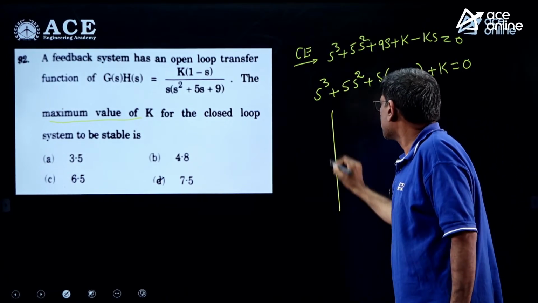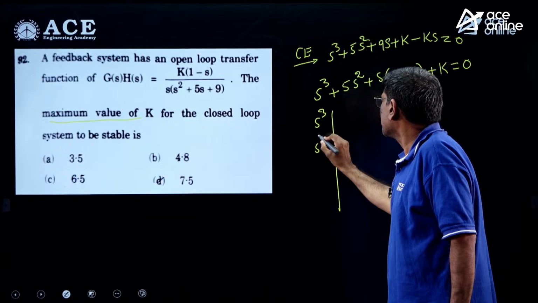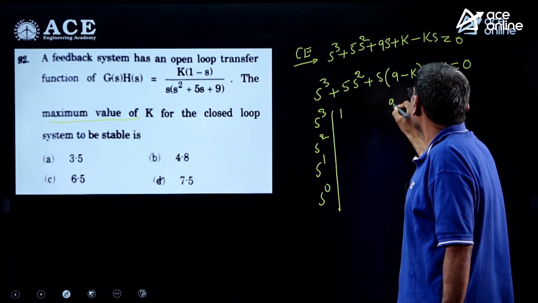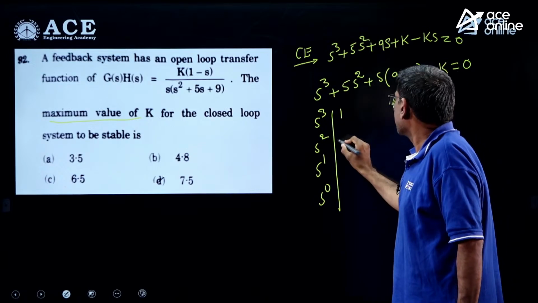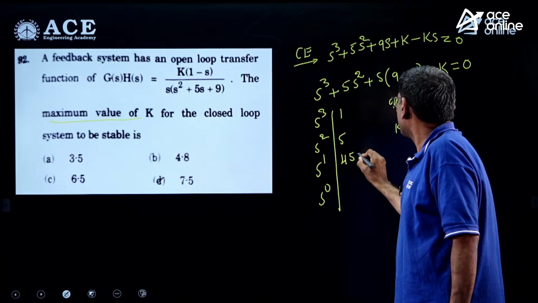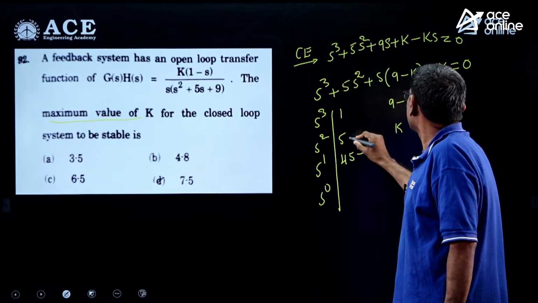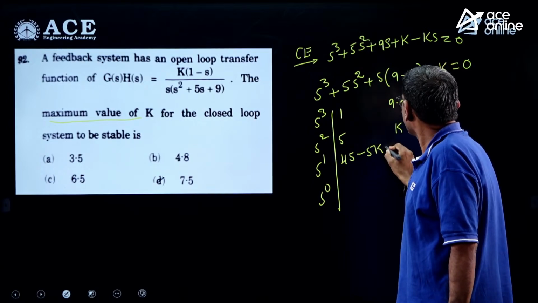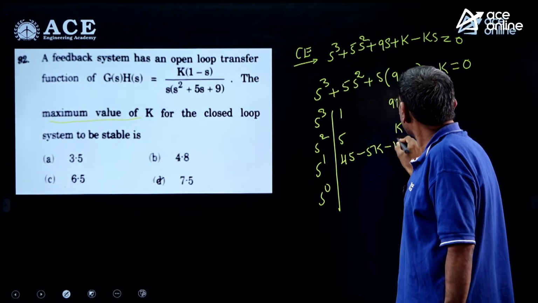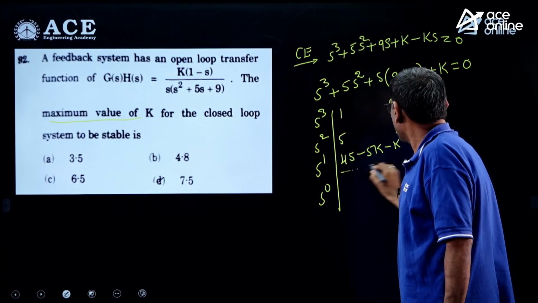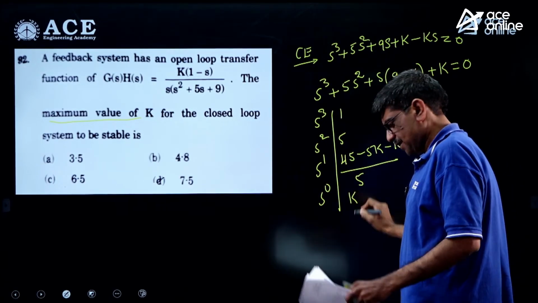So if you write the Routh tabular form: s cube, s square, s power 1, s power 0. The first row is 1, 9 minus k, and here 5, k, then 45 minus 5k minus k divided by 5, and here k.